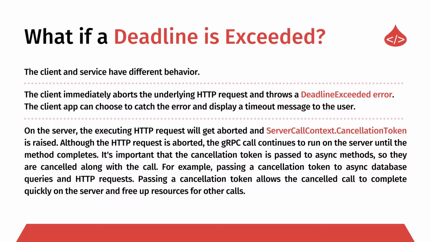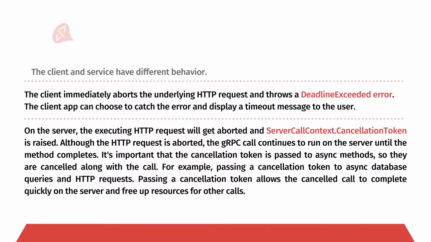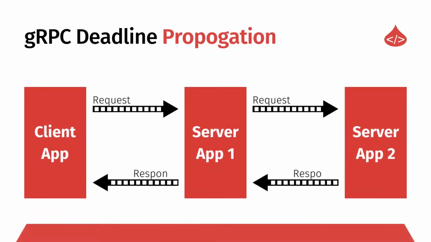For example, passing a cancellation token to async database queries or HTTP requests. Passing a cancellation token allows the cancelled call to complete quickly on the server and free up the resources for other calls. The next important point is gRPC deadline propagation.